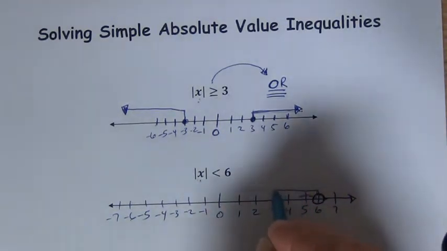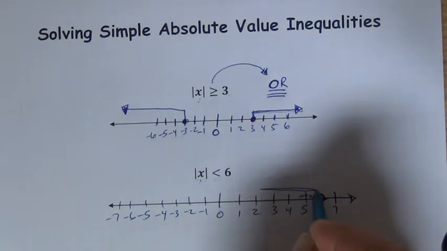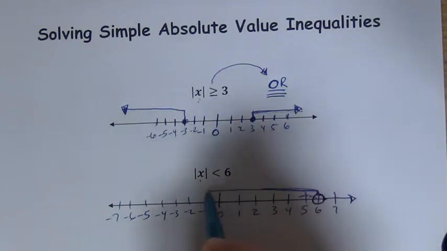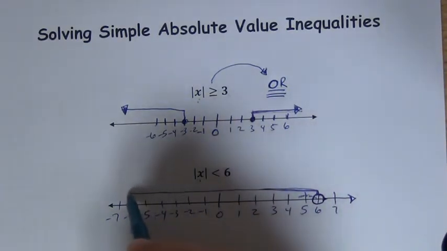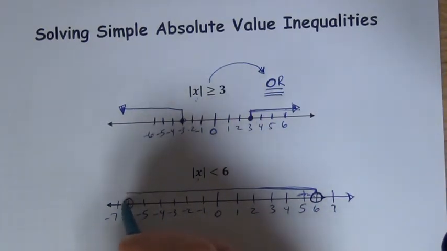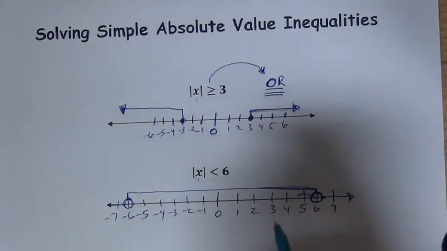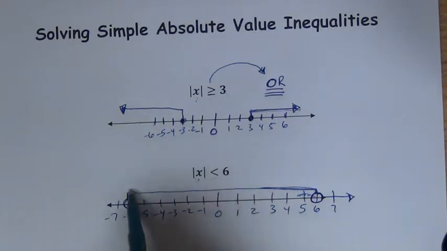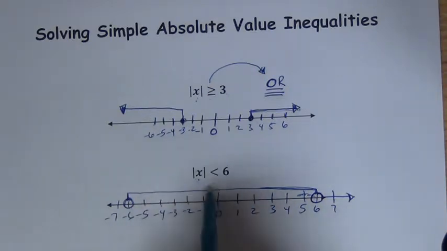And I've got all these numbers in here that are less than 6 units away from 0 on the number line. And I can come all the way over until I get to -6. And I'm going to stop there because all of these numbers within that interval are less than 6 units away from 0 on the number line.